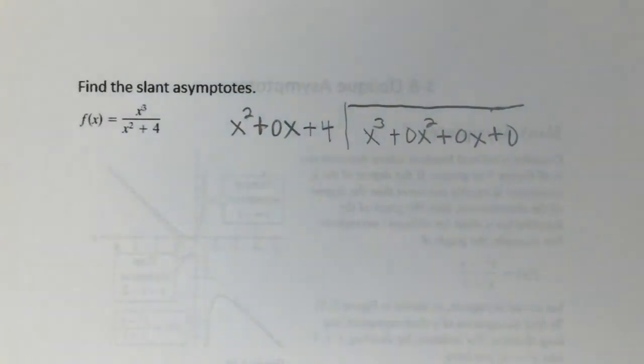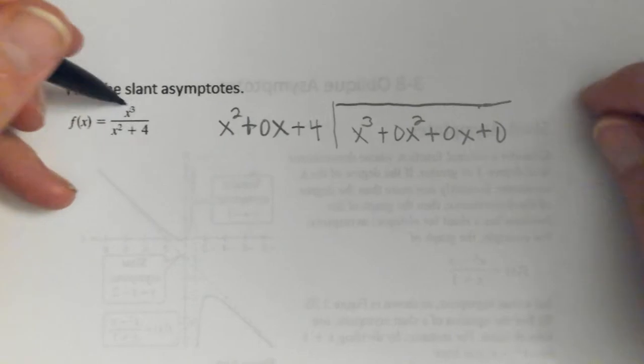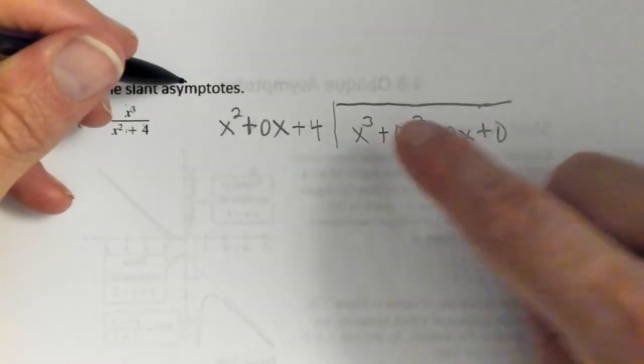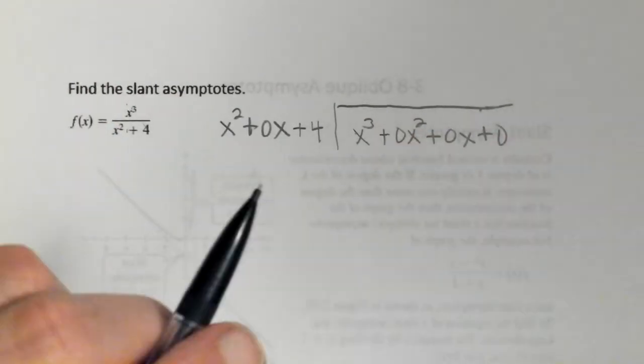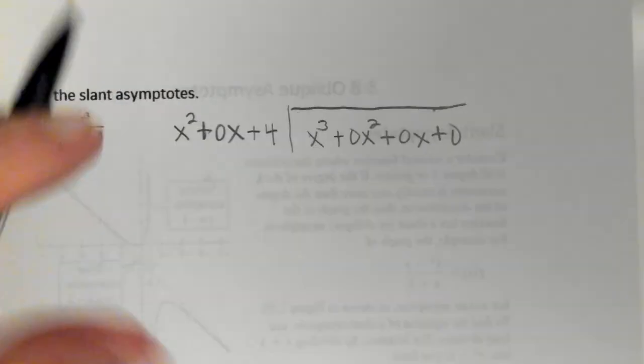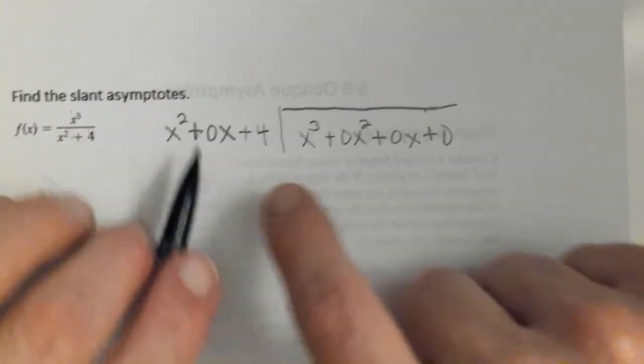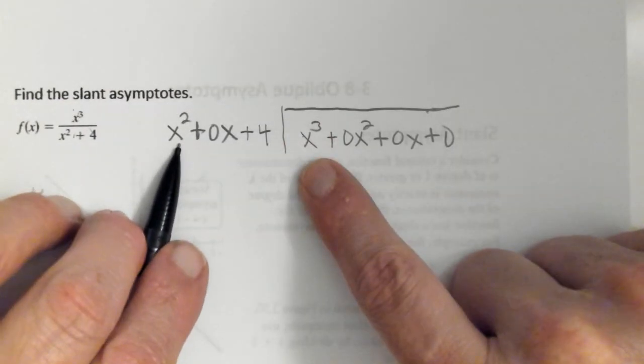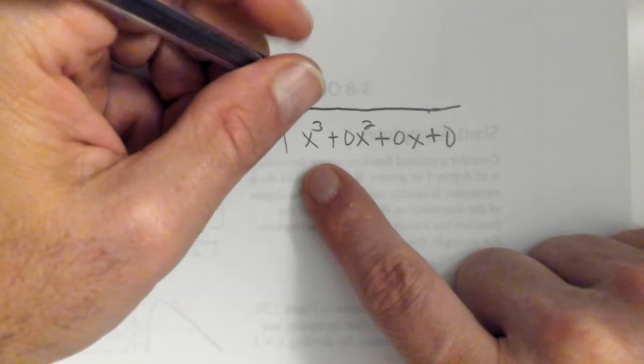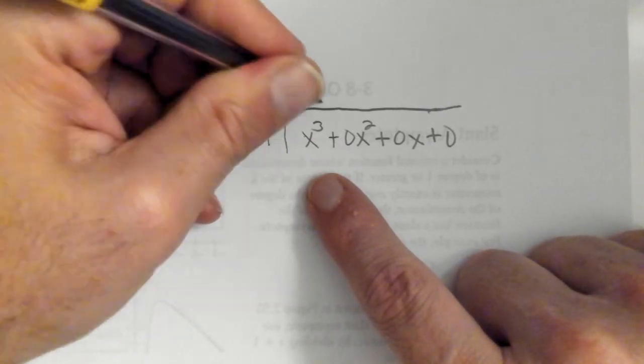You might be asking yourself, is that really all that necessary? The answer is yes, because when you're dividing out with long division, you need to have a placeholder for every power for it to divide out and work. Again I want to make the leading terms match, so I will multiply this times x.